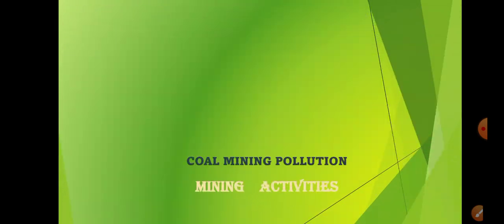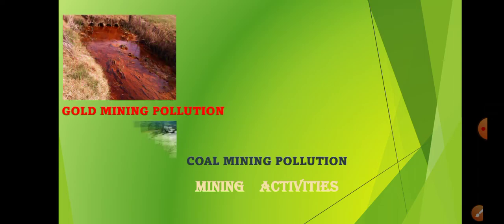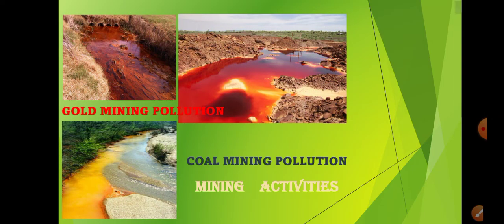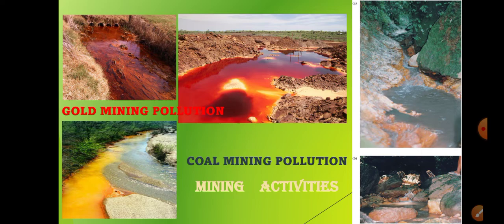Coal mining pollution, and you can see here gold mining pollution. So the pictures show you how mining on a large scale is affecting our water bodies. Be it surface mining or underground mining, in some way or the other they are affecting our water bodies.